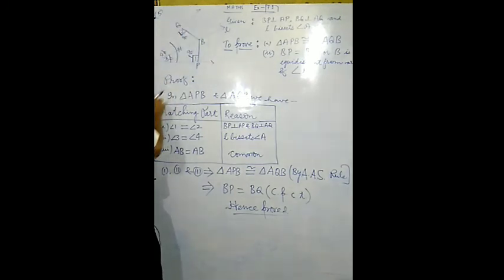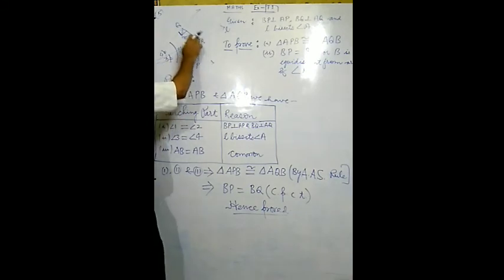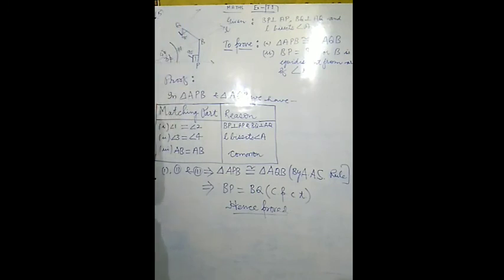So BP is perpendicular to AP and BQ is perpendicular to AQ. This information is given, and this line here is bisecting the complete angle A. The lower one is angle 3 and the upper one is angle 4.